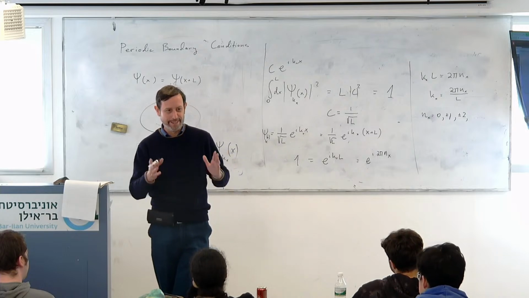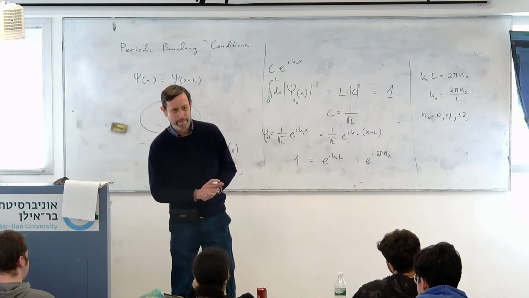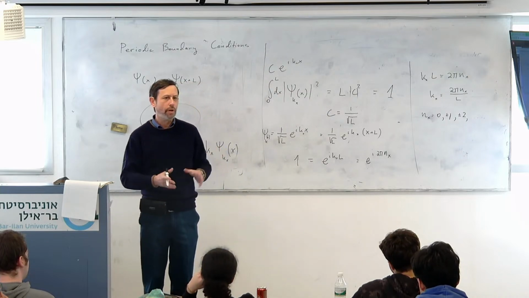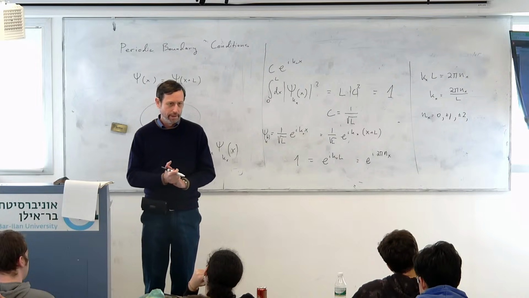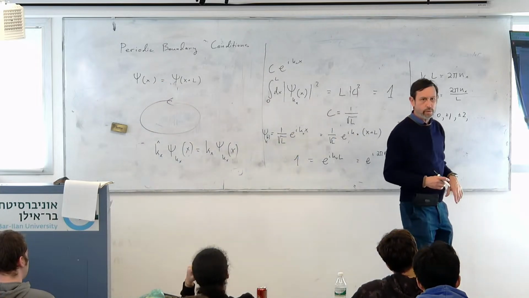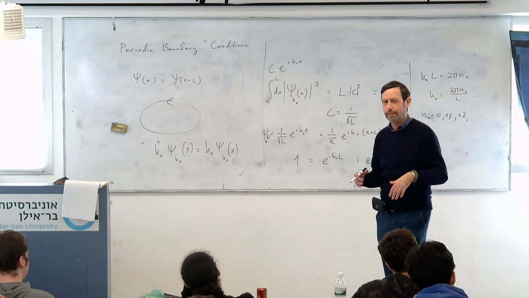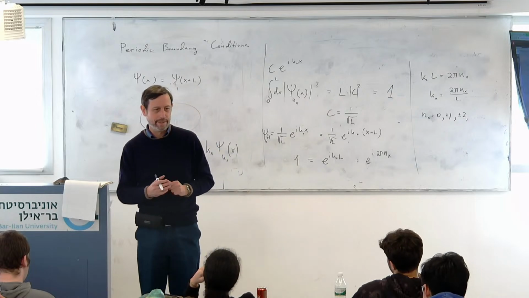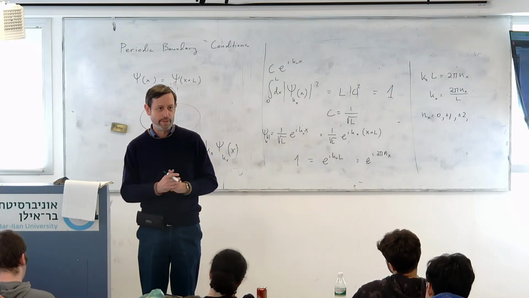Then you're on much firmer mathematical ground. So you'll do it all the time in field theory, and I'll comment a bit about it after we do a harmonic oscillator, which is the gateway into field theory.